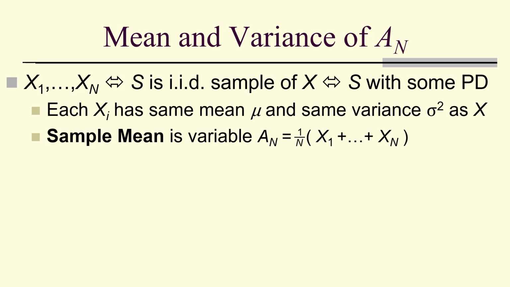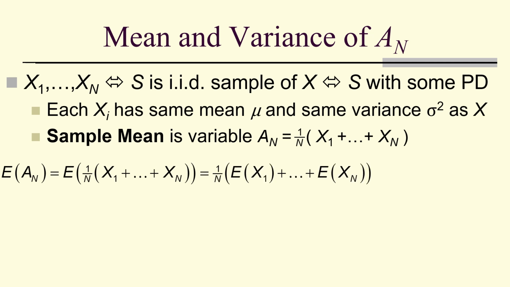The sample mean is a variable. What is the expected value of the sample mean? Well, we take the expected value of this linear combination, and it's the linear combination of the expected values, but each one of those has an expected value of mu, and so therefore you get mu n times, and therefore the expected value of the sample mean is also mu, which is the expected value of x.